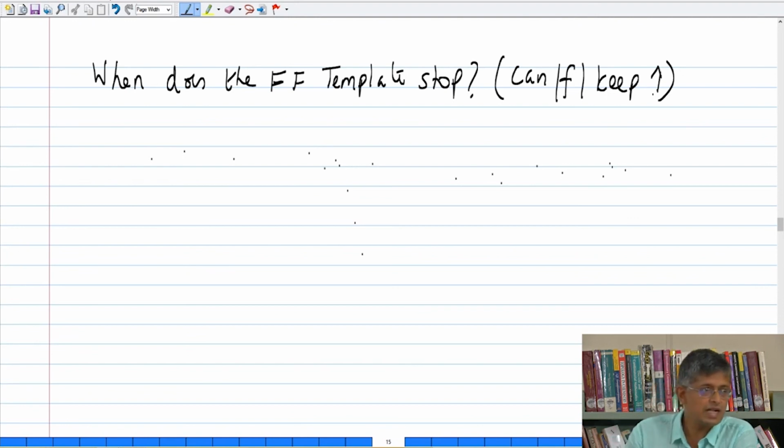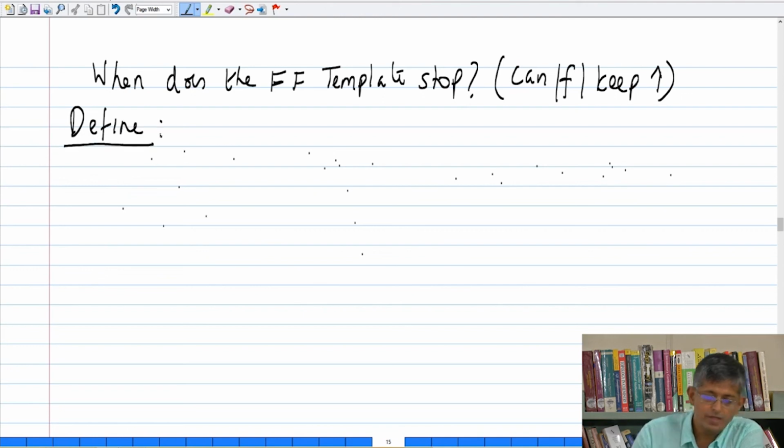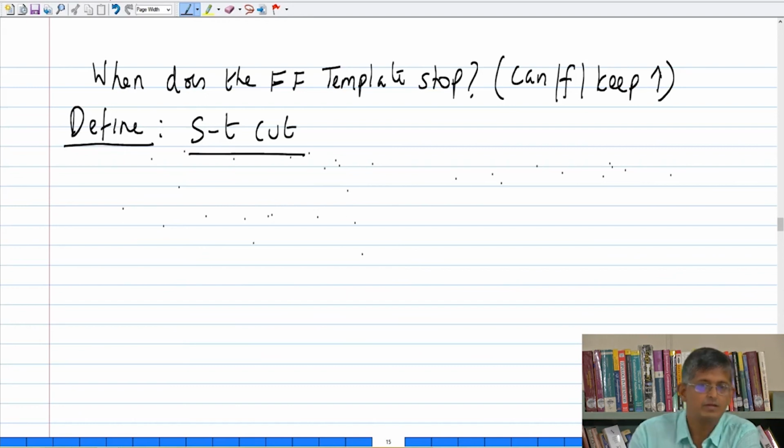To do that, I need to define. To answer this question, I need to introduce some new combinatorial and graph theoretic parameters. I am going to define what is called an ST cut. An ST cut is a partition of the vertex set into two parts.